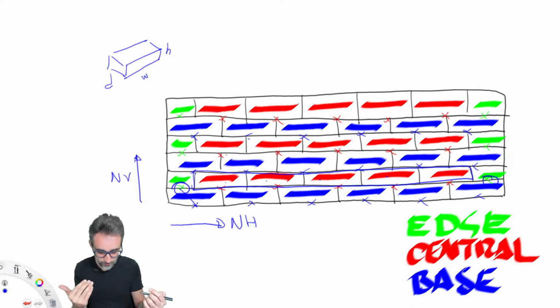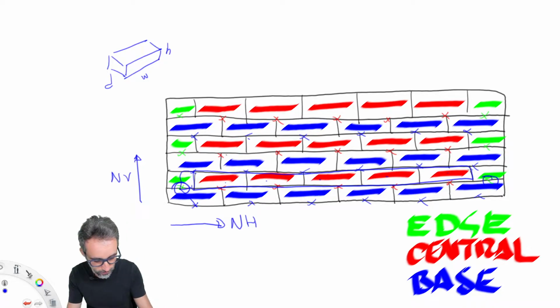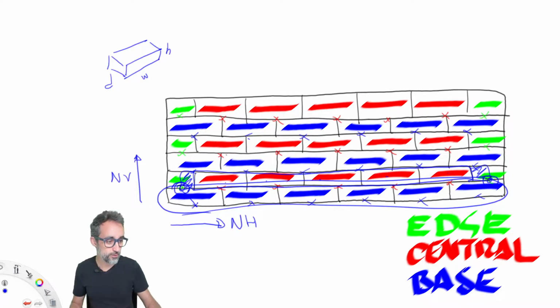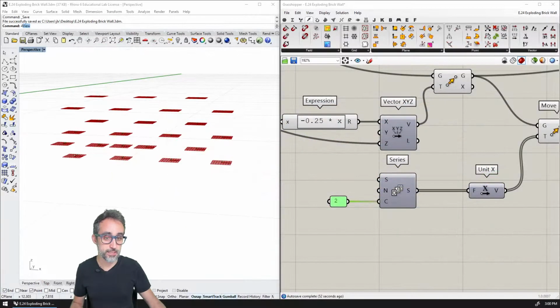And then to that, I actually need to add half a brick, because I have a quarter of a brick here and a quarter of a brick here. So that makes half a brick. Therefore, if I have 6 bricks here, the distance between these 2 points and these 2 points is 5.5 bricks. This is going to be very easy to encode in an expression.